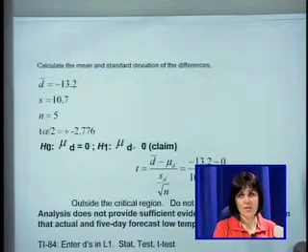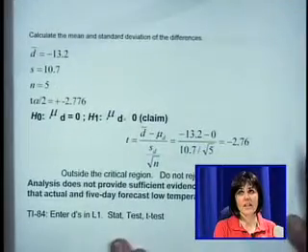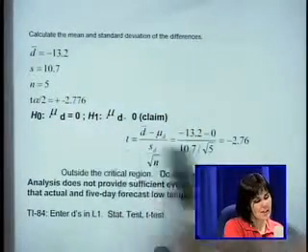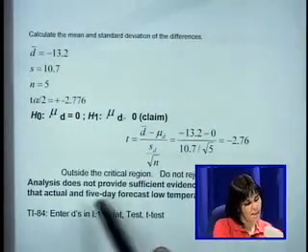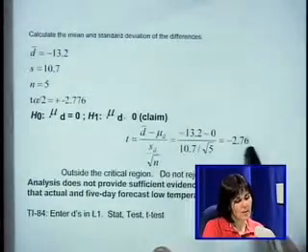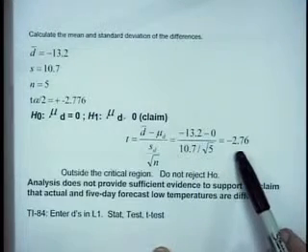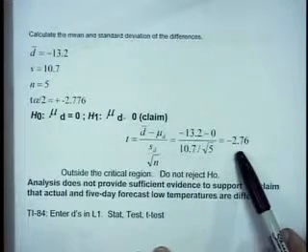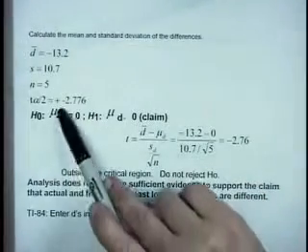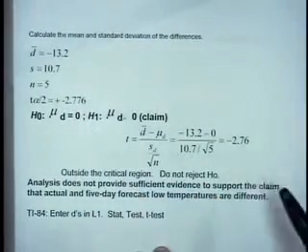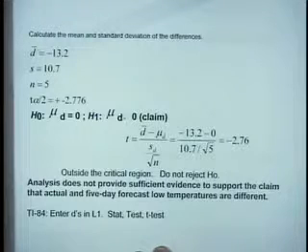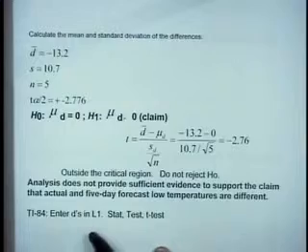I had concluded that if I did it by hand, I end up outside the critical region, because t turns out to be negative 2.7, and you're comparing it to negative 2.776. It's very close. So you end up not rejecting H null. So let's do the statistics using our calculator.